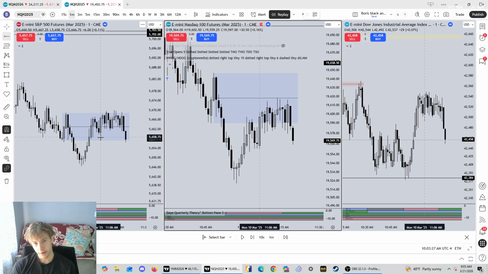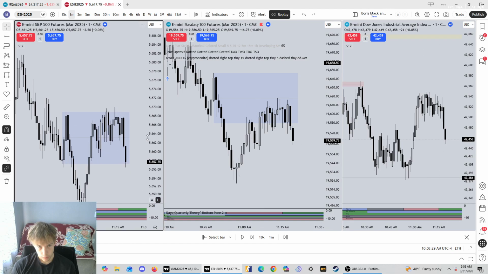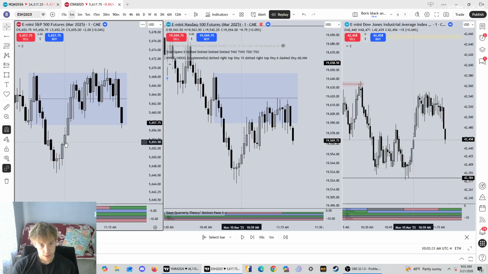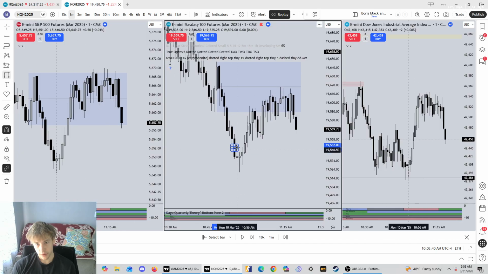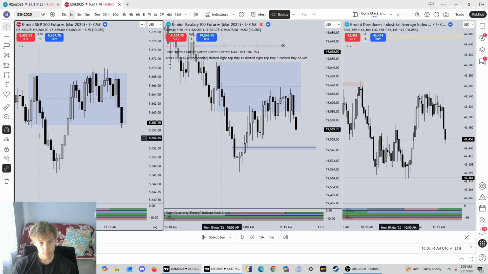So what I'm looking at right now, honestly, we got hella gaps on the ES. Take this inversion, just lining up pretty well with this gap in the ES.